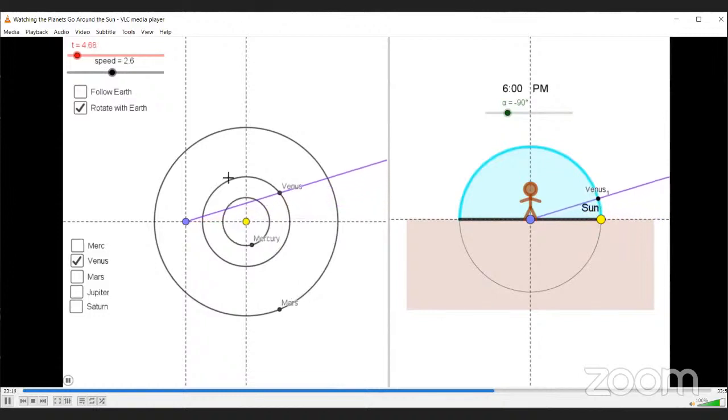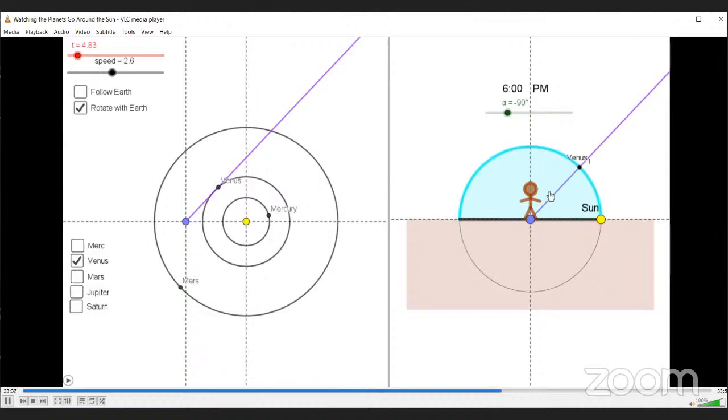And when it gets around to the point here where the line of sight is tangent to the orbit, let's pause it right there. This is called greatest elongation. In other words, the elongation is the angle between the sun and the planet. So this is greatest elongation in the evening sky. Down here would be greatest elongation in the morning sky.